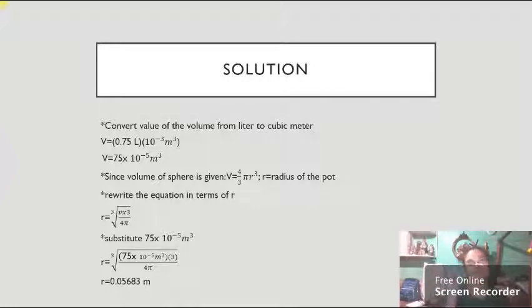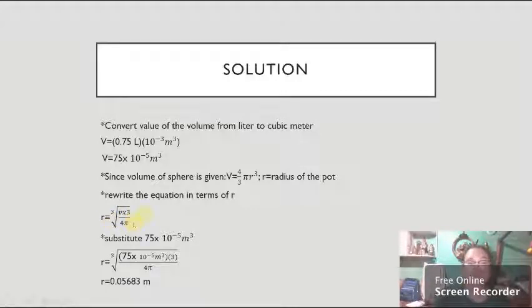So when we isolate it, this will be divided by 4/3 pi on both sides, and then we'll cancel here, so r cubed will be left. And then since we need only the value of r, we're going to get the cube root of the equation. So we have r equal to the cube root of V times 3 over 4 pi.